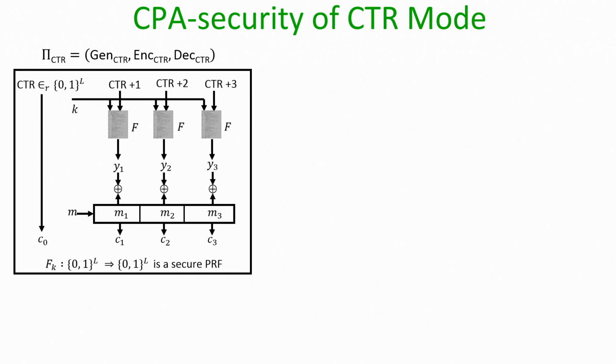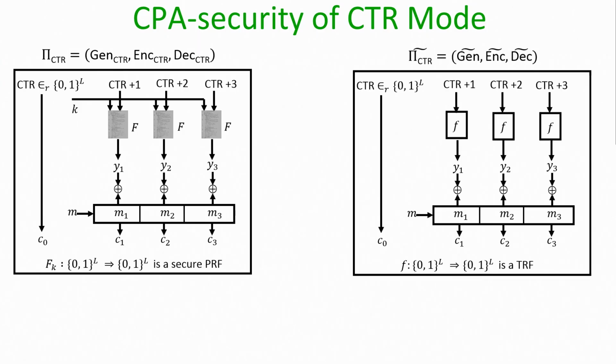Before going into the actual security proof, let us consider a variant of this counter mode of operation where everything remains as it is, except that all the invocations of the keyed PRF are replaced by invocations of a truly random function, which is an unkeyed function. Imagine both sender and receiver have agreed upon a truly random function mapping big L bit strings to big L bit strings.